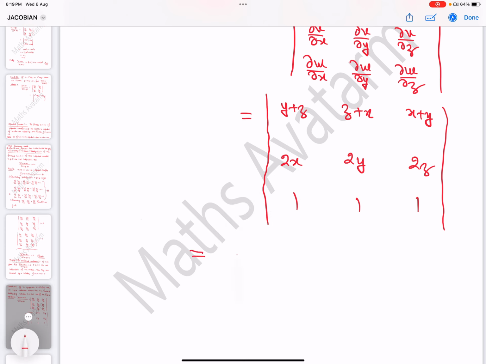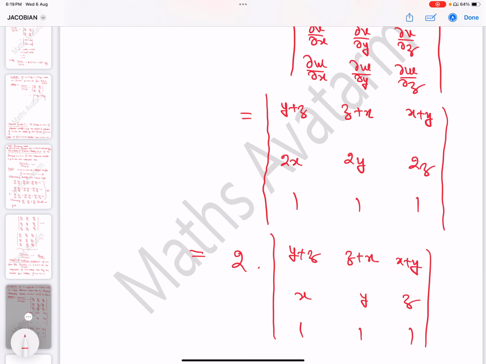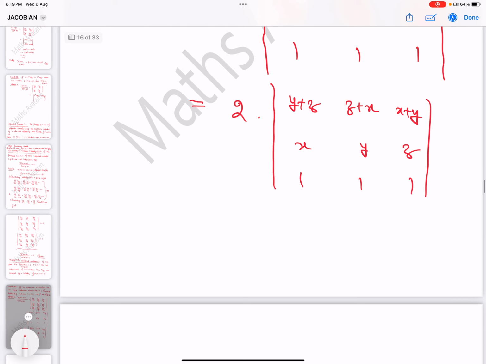First take 2 common outside. So it is Y plus Z, Z plus X, X plus Y, X, Y, Z. Now applying R1 goes to R1 plus R2.